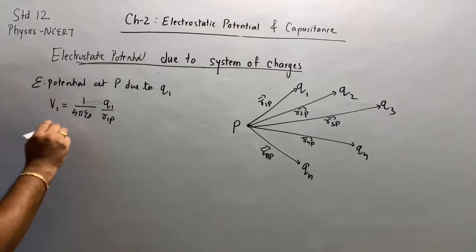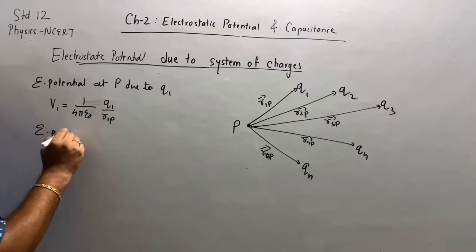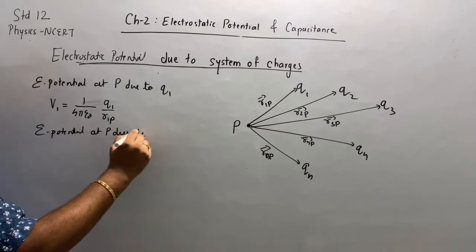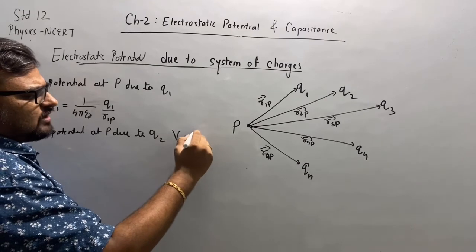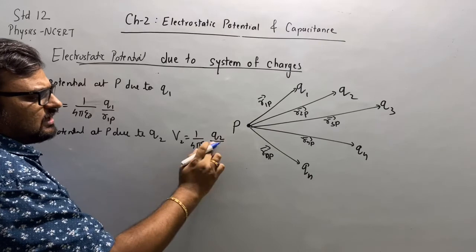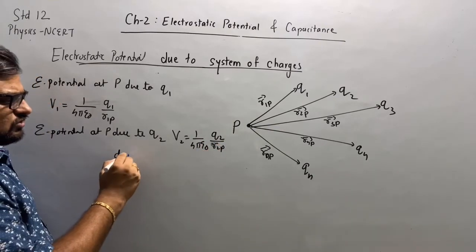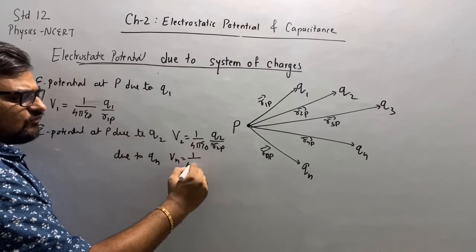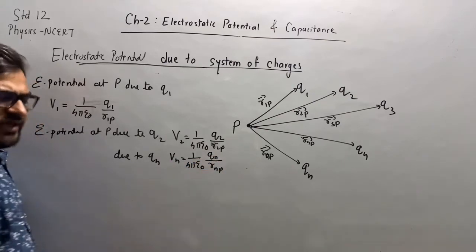Similarly, electrostatic potential at P due to Q2, V2 will be equal to 1 by 4 pi epsilon 0 Q2 by R2P. So similarly up to Qn, 1 by 4 pi epsilon 0 Qn upon RnP.